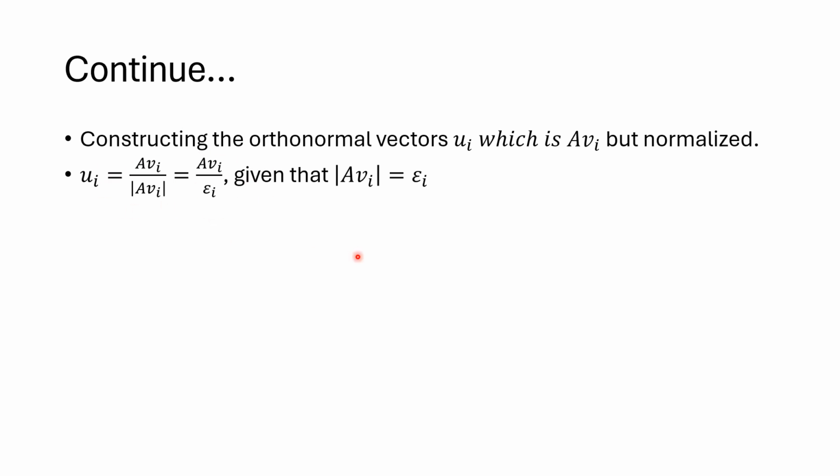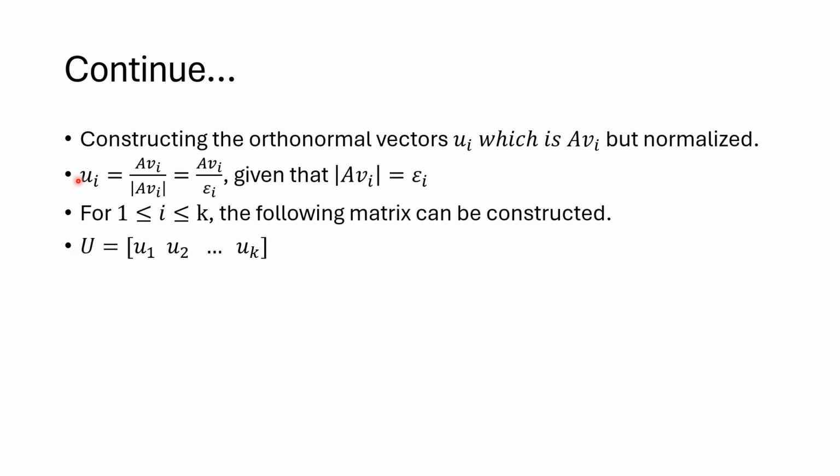And basically we can just take all the ith vectors AV and divide them by the corresponding singular value, and we'll get the vector u. And what we can do is align the vectors in columns of a matrix and call that matrix U.